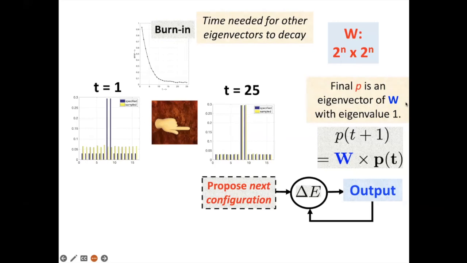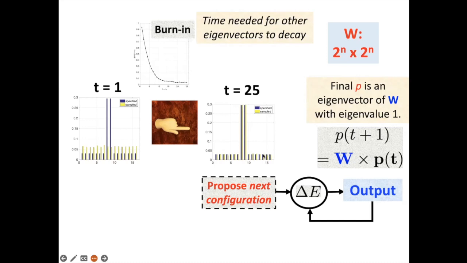Because the idea is that the stochastic matrices have this property that it has all positive eigenvalues, and the largest eigenvalue is 1. So the stationary distribution is basically the eigenvector that corresponds to this eigenvalue of 1. Because once you have the stationary distribution, multiplying by W just gives you the same distribution back again.